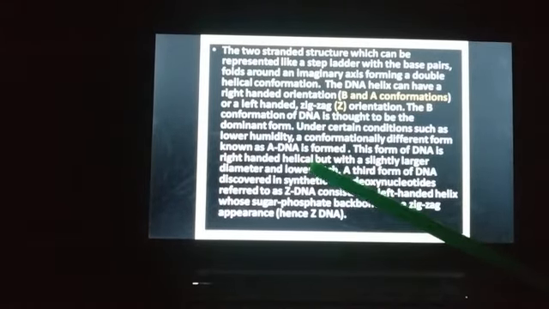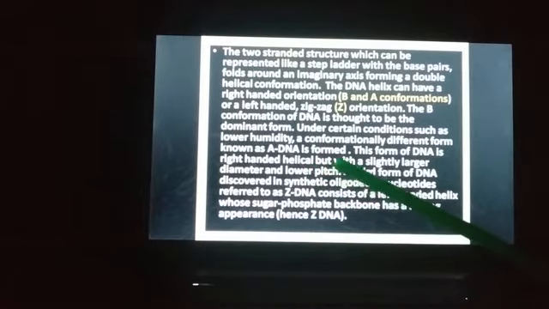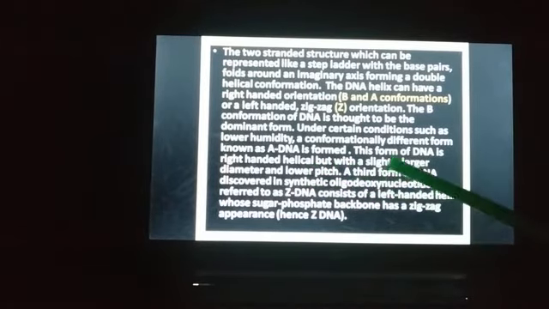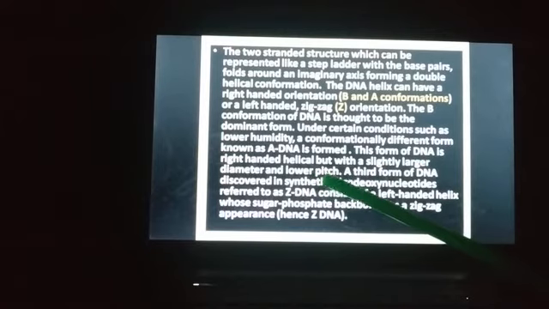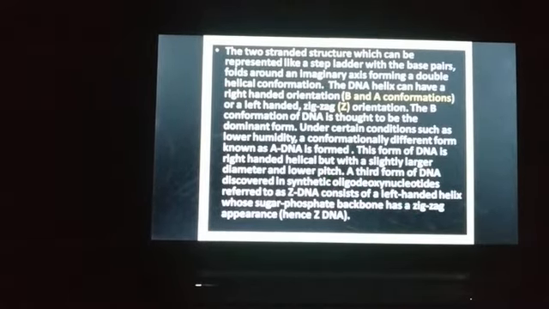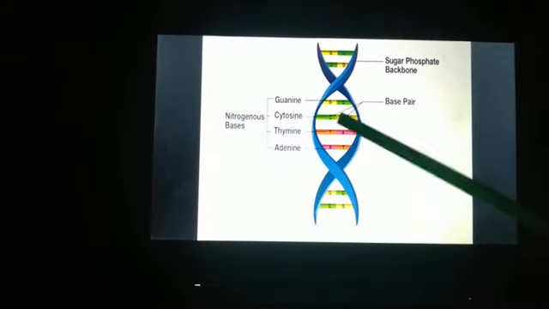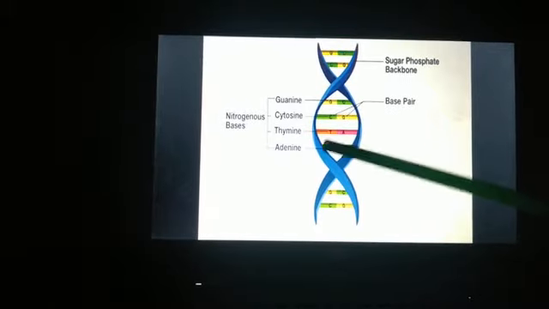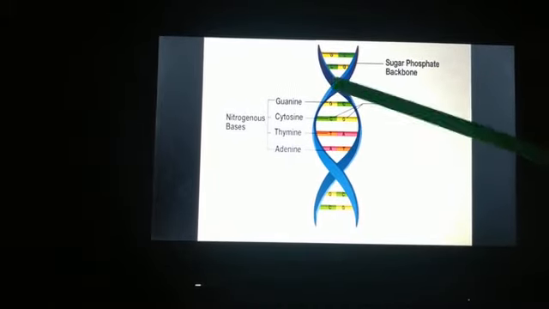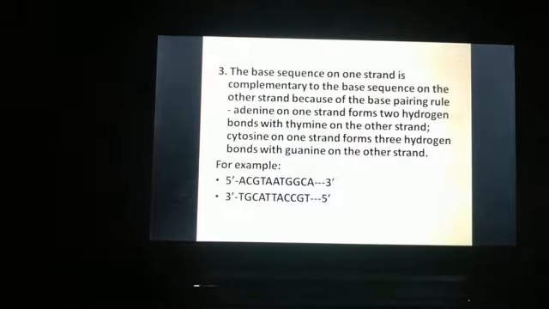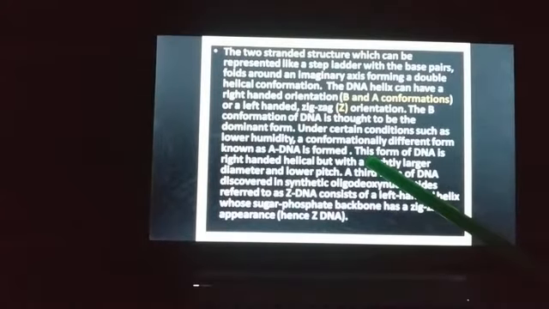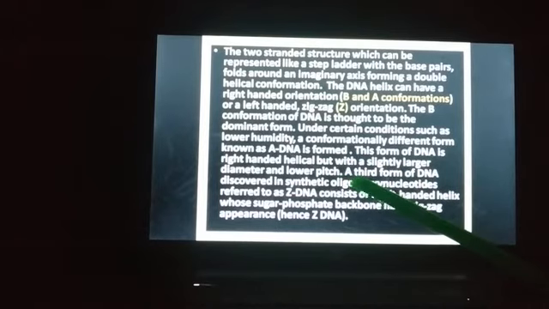But the difference is in A, a slightly larger diameter and a lower pitch is present. So the diameter will be larger and the pitch, this is the pitch, will be lower. This is the A type of DNA, A configuration.